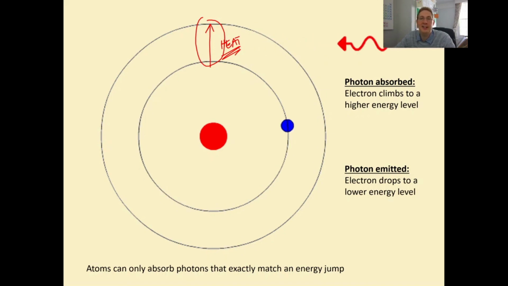Then this is unstable, and once it cools down, that electron drops back down from the higher energy level, and in doing so it emits a photon of light. Now, atoms can only absorb and emit photons that exactly match an energy jump, and therefore each different element will give out a different colour of light.